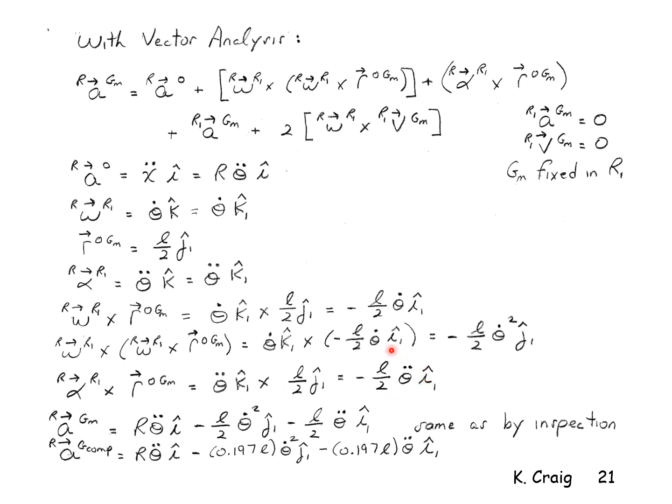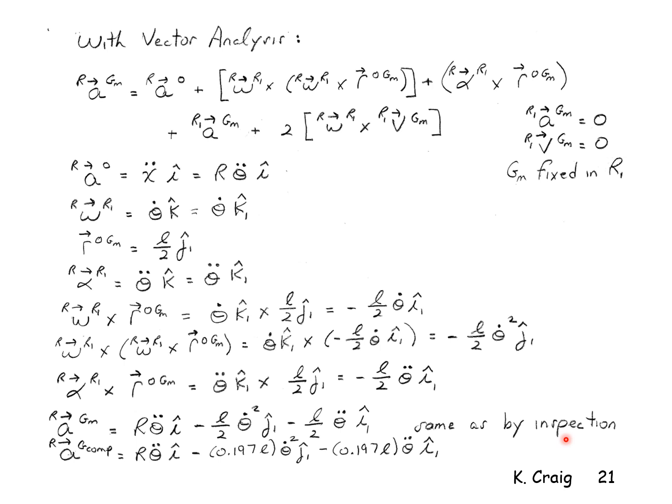So this is my tangential acceleration, and this is my centripetal acceleration. If I combine these terms, I get the same result as I got by inspection using scalar analysis, and I would get the same result by just replacing the center of mass of the bar with the composite center of mass location. The vector analysis gives us the same result as we got by doing scalar analysis by inspection.